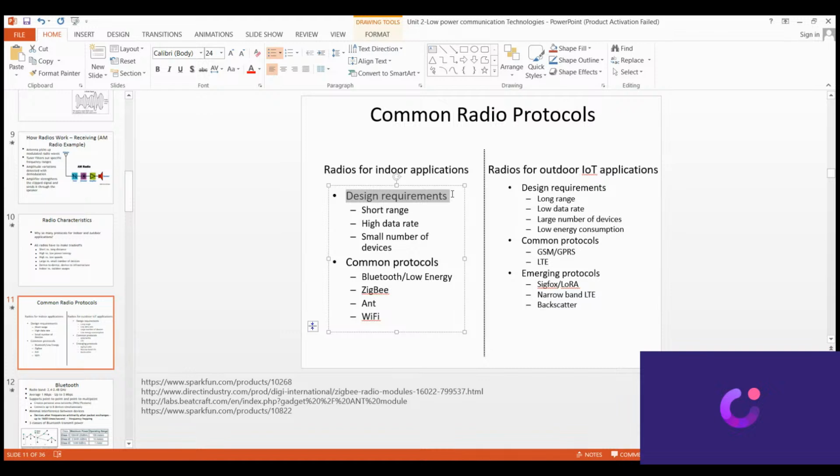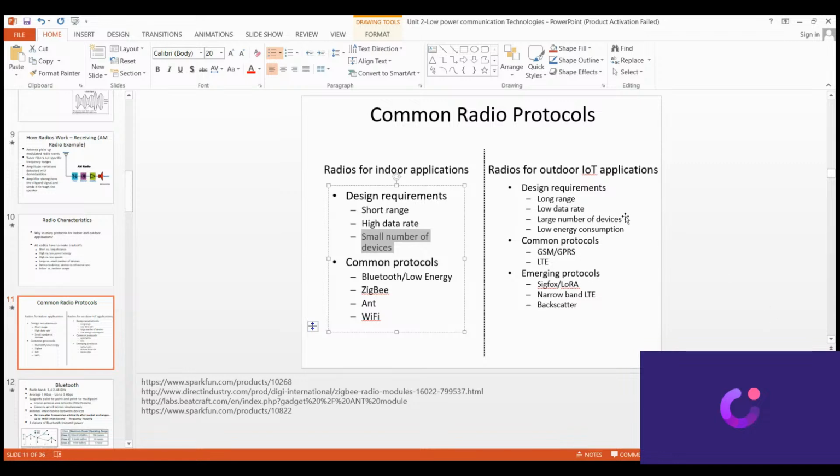If you want to design radios for indoor application, or in networking terms, say under local area networks, the design requirement is that it must be short range, but you expect high data rate in terms of transmission, and also a small number of devices.